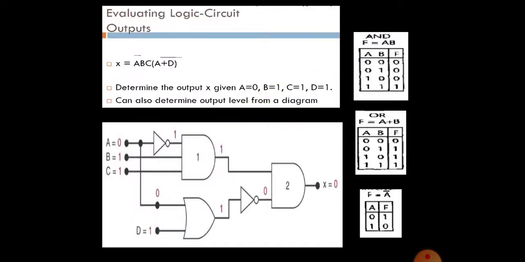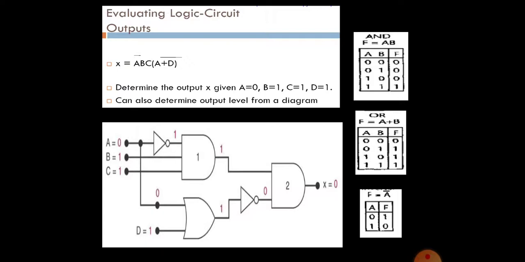Then how to evaluate a logical circuit? So here is a problem, that is A bar BC into A plus D the whole bar. How many inputs are there? Normally 4, A, B, C and D. Determine the output of X given A is equal to 0, B is equal to 1, C is equal to 1, D is equal to 1.